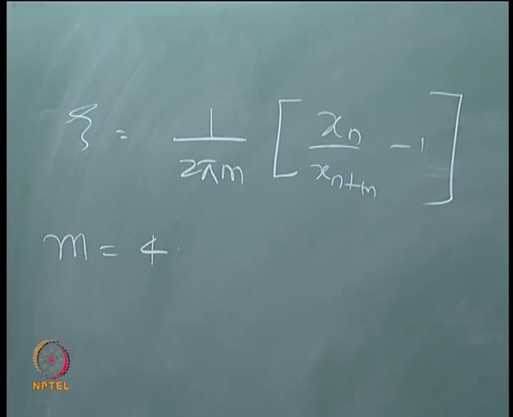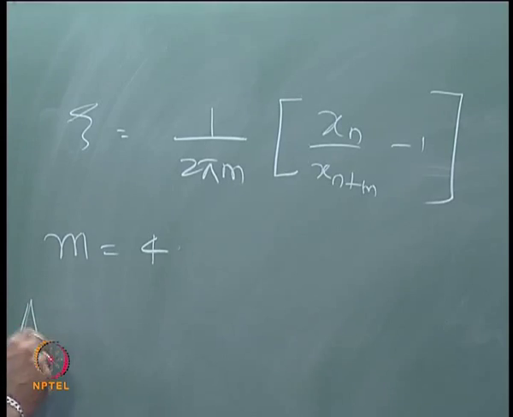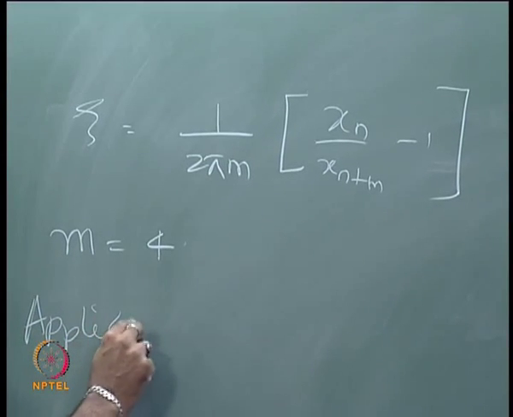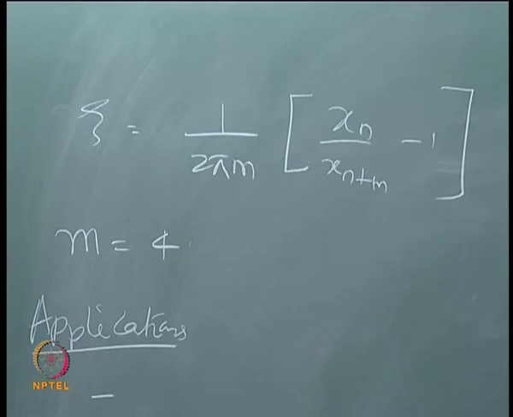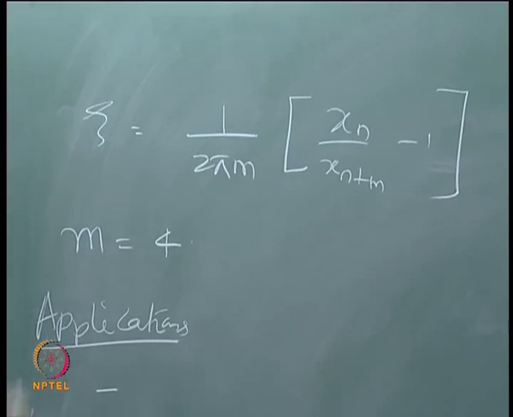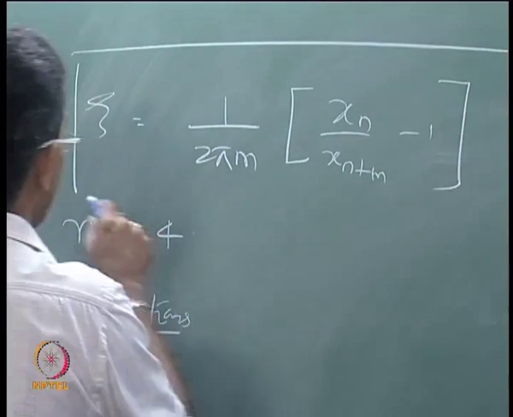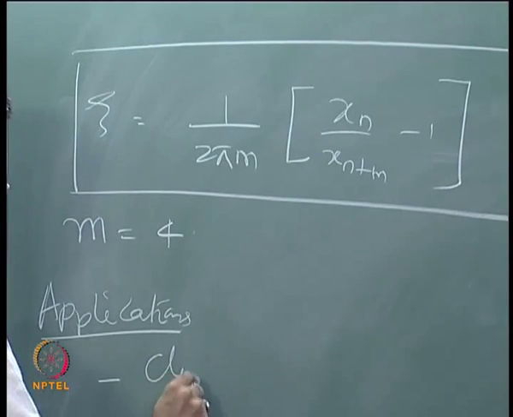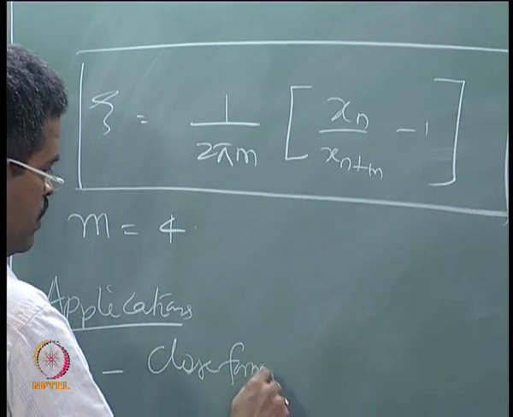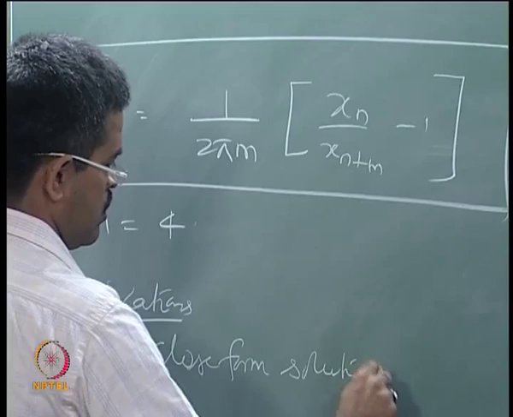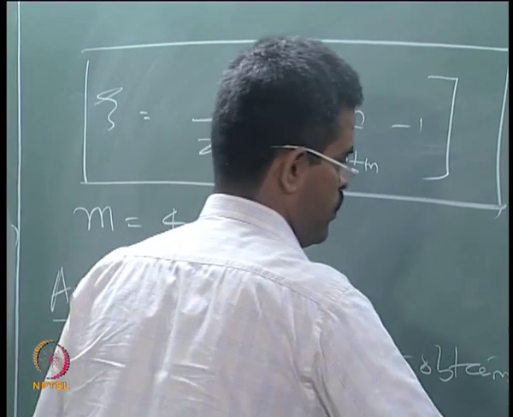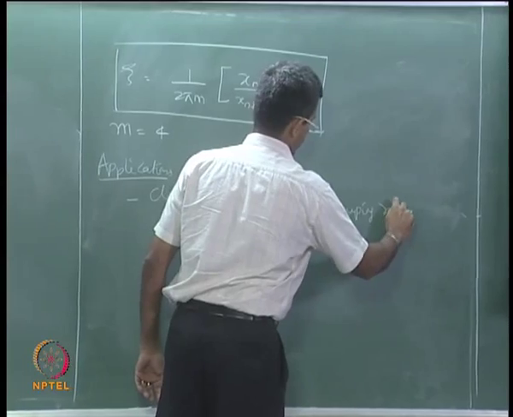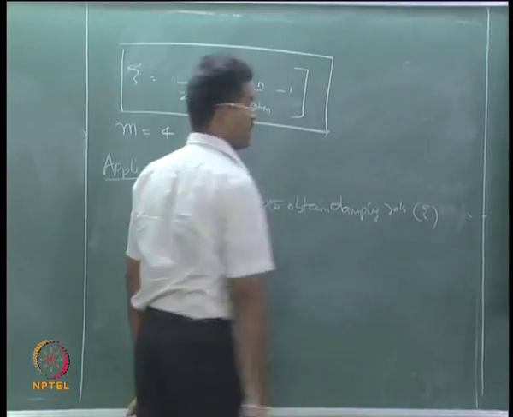Now, let us see what is the application of this. This expression gives me a closed form solution to obtain the damping ratio, which is zeta, is it not?